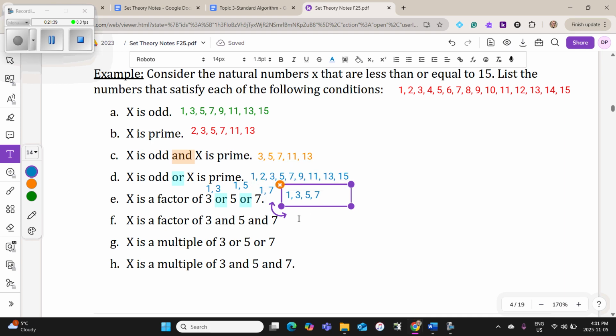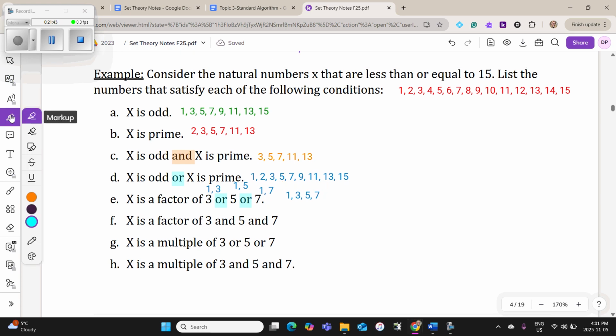Okay, lovely. And then the next one says the same thing. x is a factor of 3 and 5 and 7, but notice that word and. So now it has to be in all of those groups. The only number that's in all of those groups is the 1.